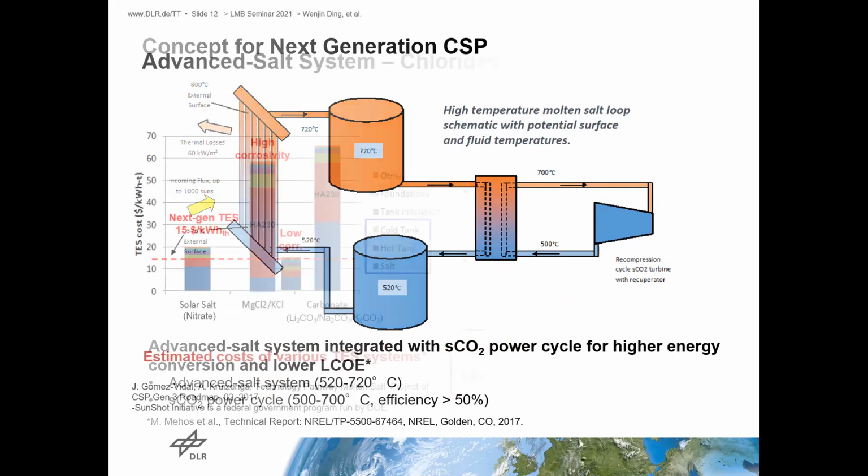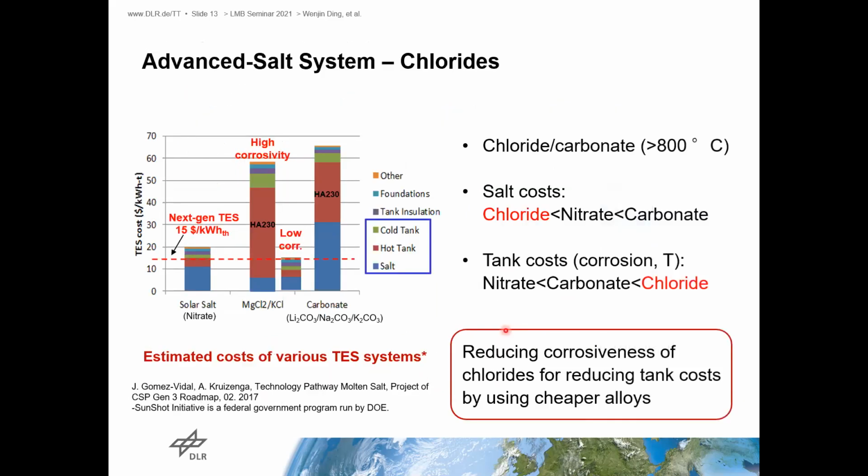But for the high temperature, next generation molten salt heat storage technology, we have to choose the right salt. As shown in this diagram, now we use nitrate, but we want to increase the temperature.